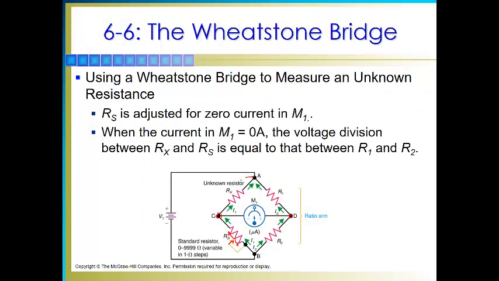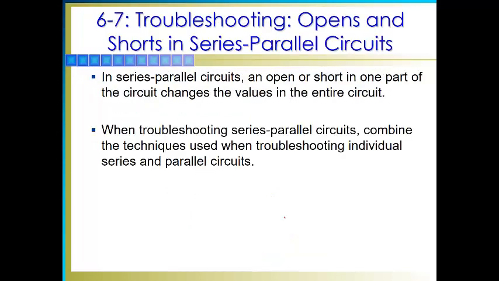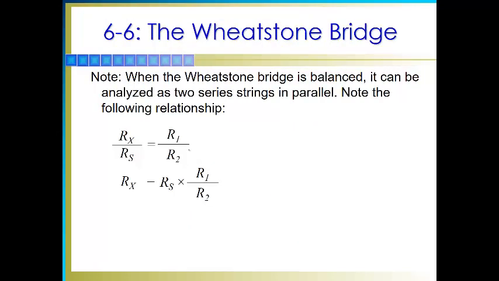So the voltage across that one has to equal the voltage on this branch, which is this voltage right here, right? So therefore, the ratio of these two resistors must equal the ratio between these two resistors. Okay, and this is how you calculate it. They're just the ratio. Basically, this is called a proportion, all right? So two ratios equal to each other form a proportion.